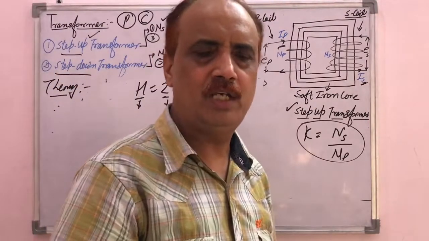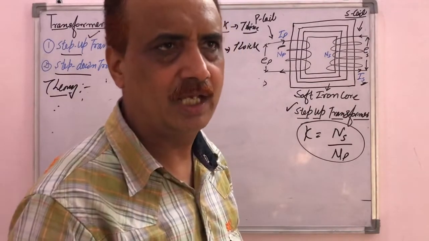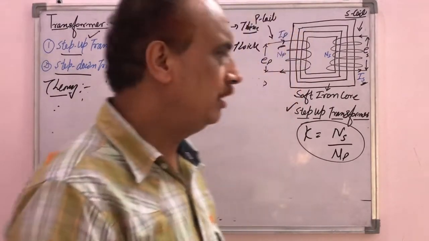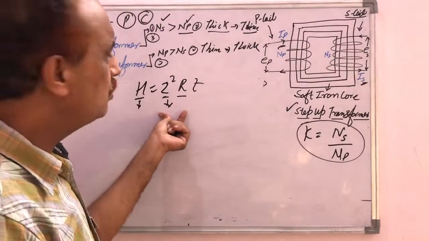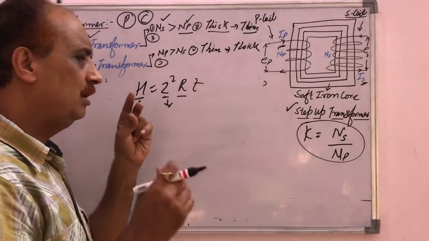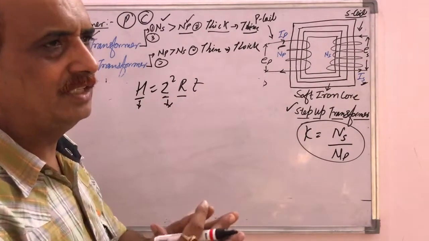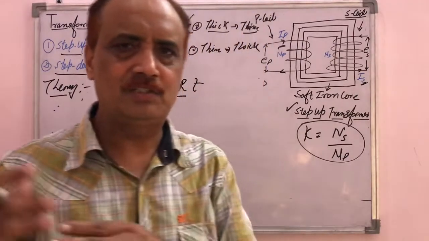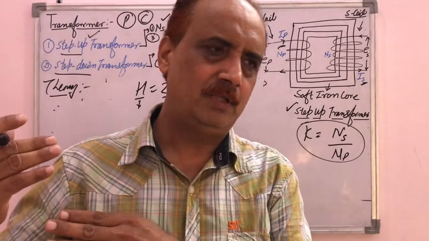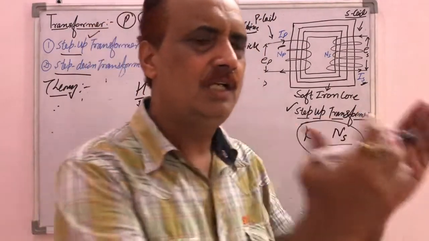So when high voltage is flowing through the transmission line, the current will be low, and if the current is low, a small amount of heat is produced, and due to that a very small amount of energy will be consumed through the transmission line when the electricity is transmitted from one place to another place.